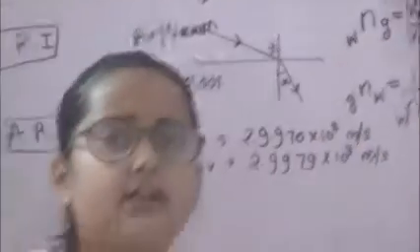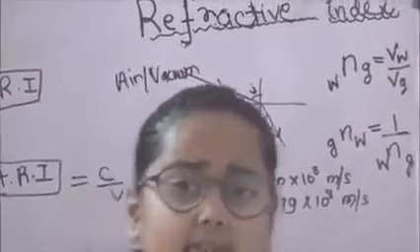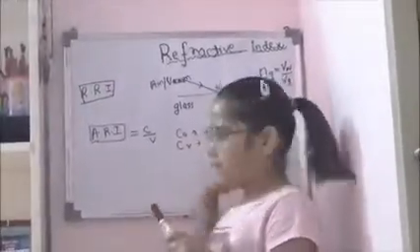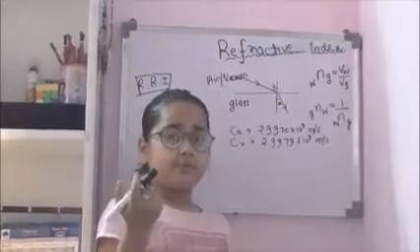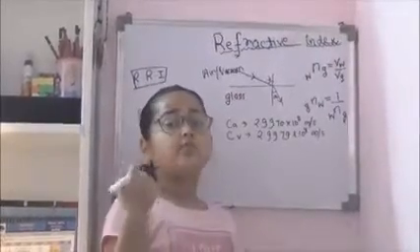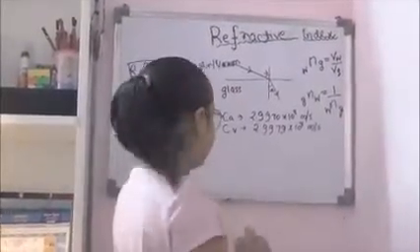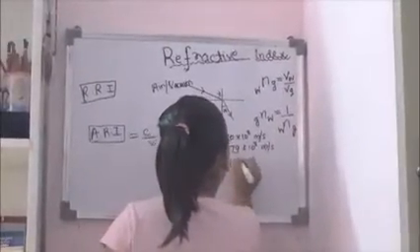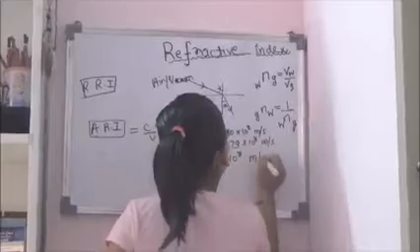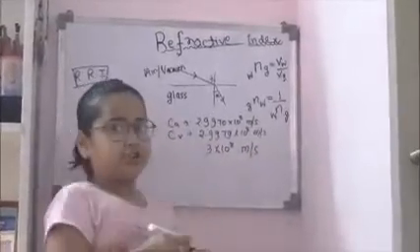Now there is a very slight difference between these two values. So for easy calculation, we take the value of the speed of light in air or vacuum as 3 × 10^8 meter per second.